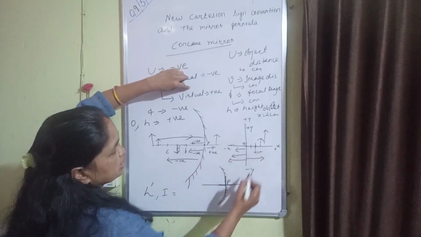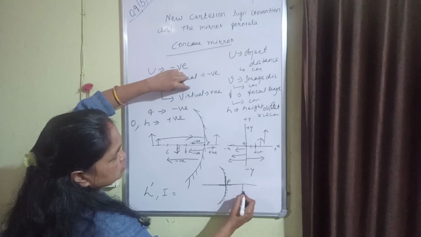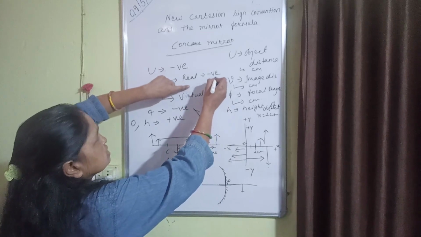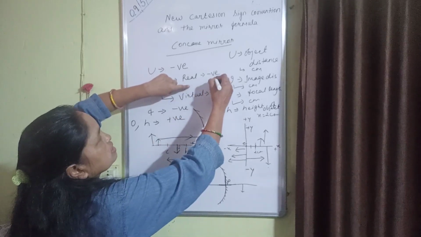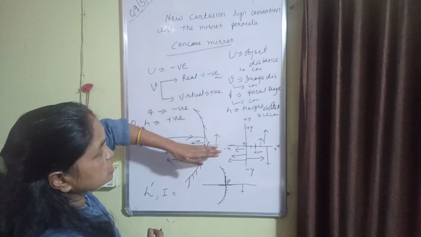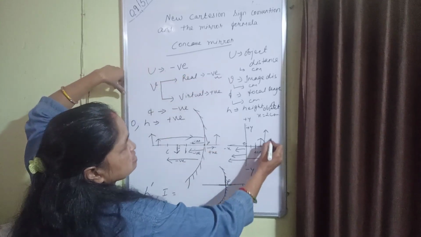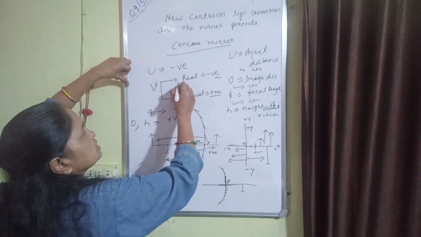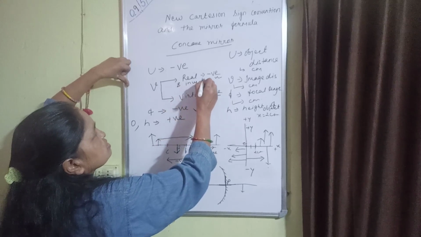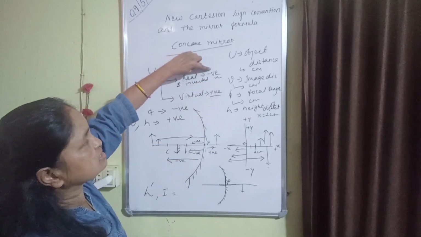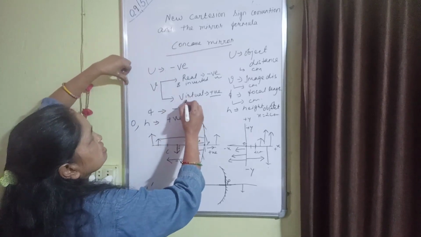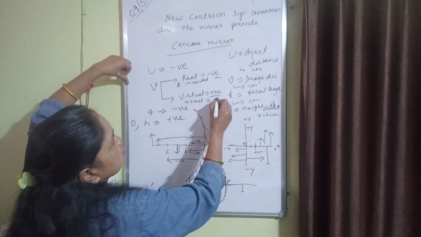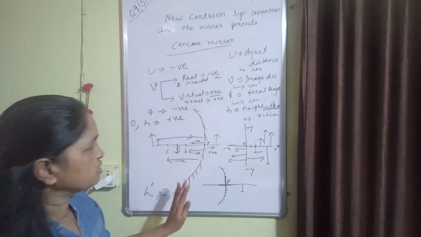So on the axis you will find that it is downwards, the negative y-axis. So in this case, the height of the image will be negative, and for a virtual image it is on the principal axis like this, so it is positive. So for a concave mirror, real and inverted, the sign assigned is negative, and virtual is always erect, and the sign assigned is always positive.